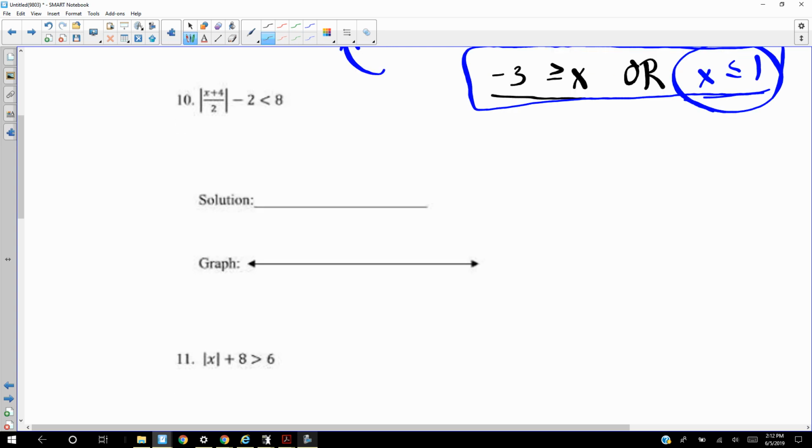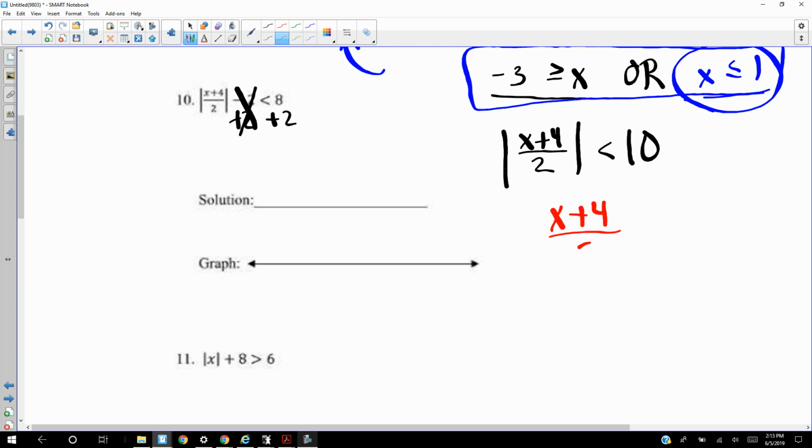Number 10, add 2 to both sides. So we get the absolute value of x plus 4 divided by 2 is less than 10. This is a less than problem. So the setup, that's not less than a negative number, so it's not no solution. That's the setup. We want to solve for x, so we're going to multiply everything by 2.